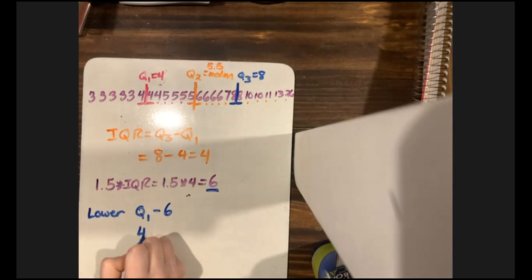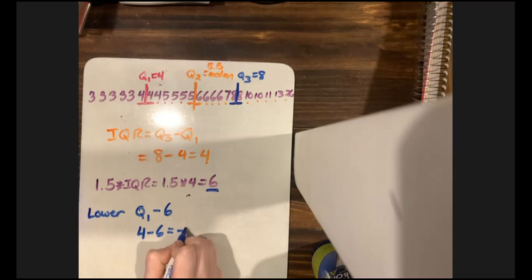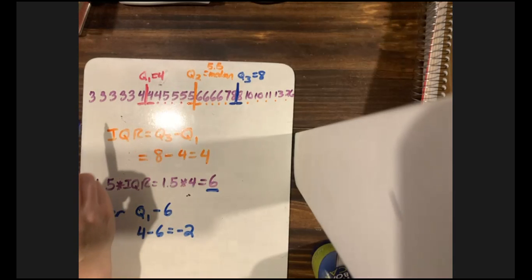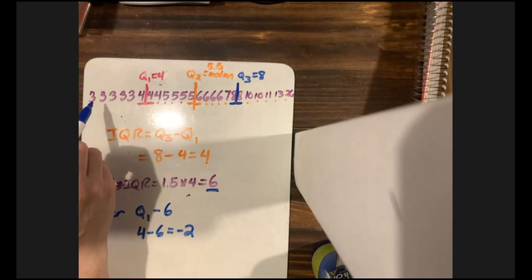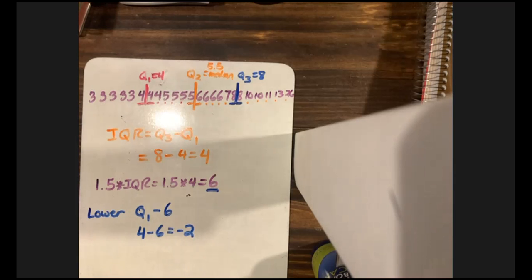My Q1 is 4 minus 6, which is -2. If any of my data points, mostly it's going to happen in this first chunk, are below -2, then they're considered outliers. Everything is above that, so I don't have any low side outliers.